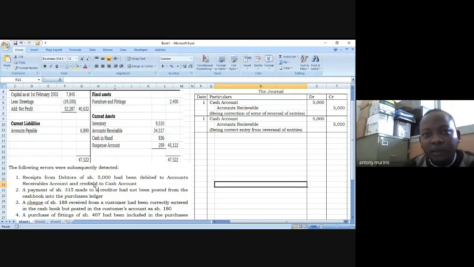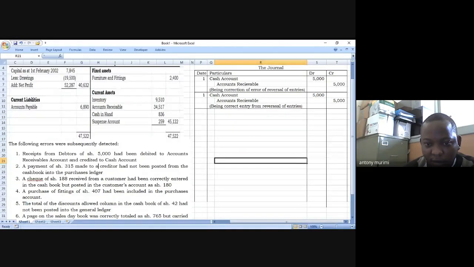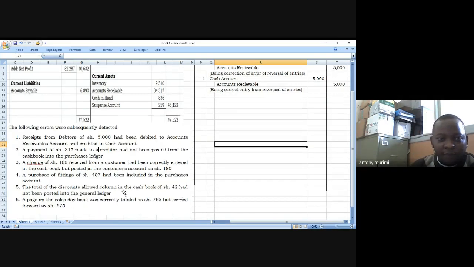So we proceed to the next error. The next error, that is number 2, a payment of 315 made to a creditor had not been posted from the cash book to the ledger.